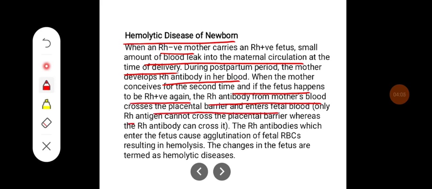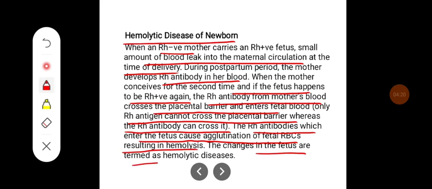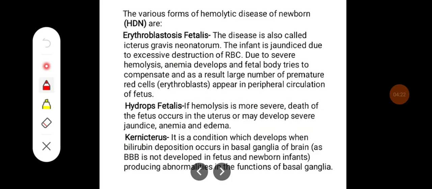Only the Rh antigen cannot cross the placental barrier, whereas the Rh antibody can cross it. The Rh antibodies which enter the fetus cause agglutination of fetal RBCs resulting in hemolysis. The changes in the fetus are termed hemolytic disease.